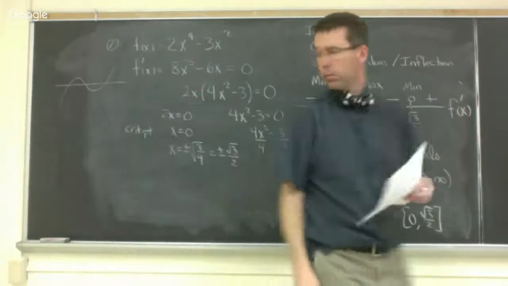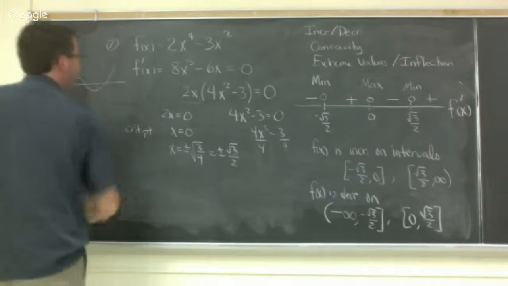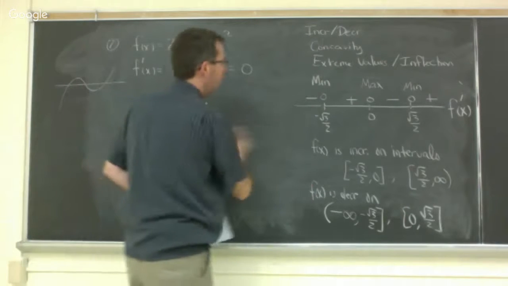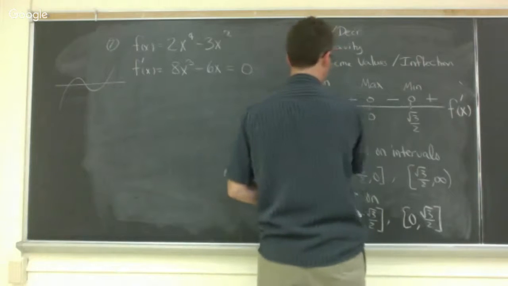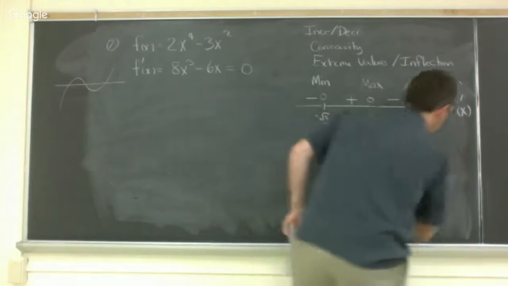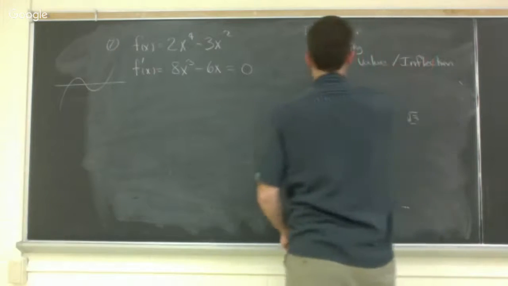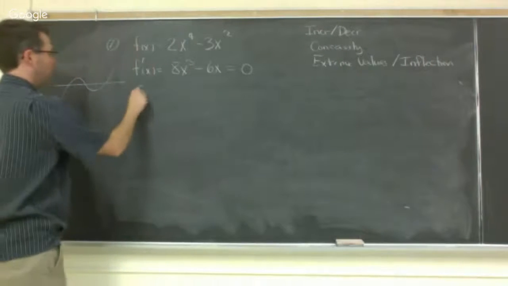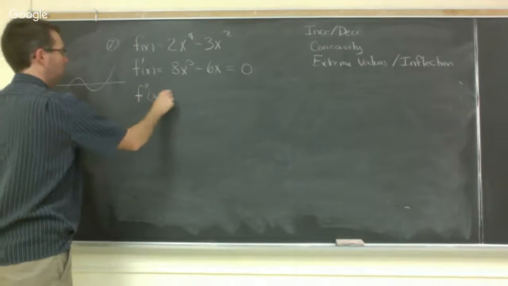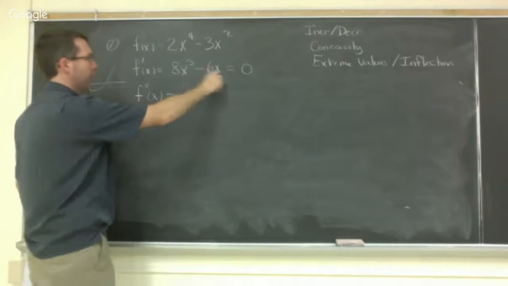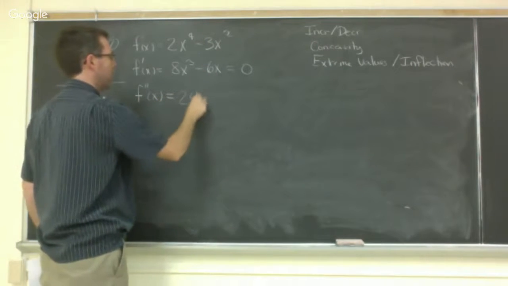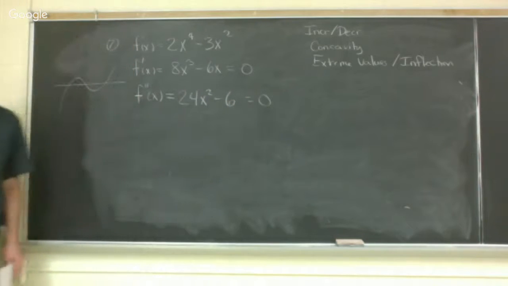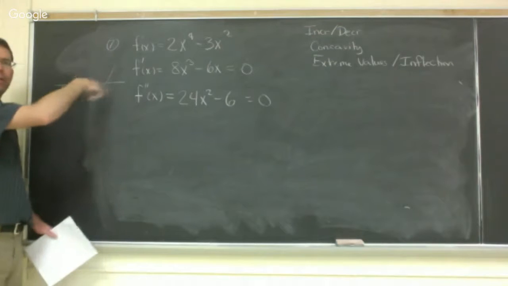Concavity. Take the second derivative, I get 24x squared minus 6. We want to know where that equals 0. By the way, here's my graph of f prime.